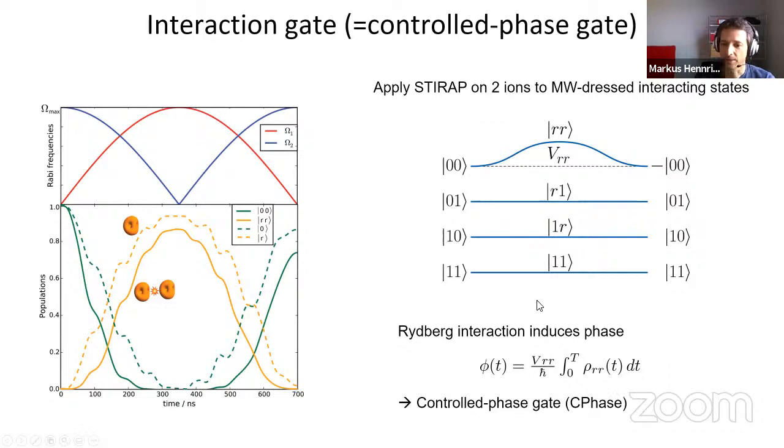So the Rydberg interaction induces a phase, and this phase can be controlled, through interaction strength times time in the Rydberg state, so that we get exactly this -1, this pi phase. This is a so-called controlled phase gate if we operate it like that, and it's similar to a CNOT, one of the entanglement operation gates.